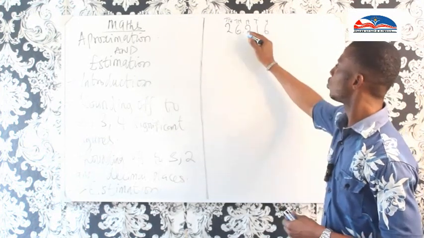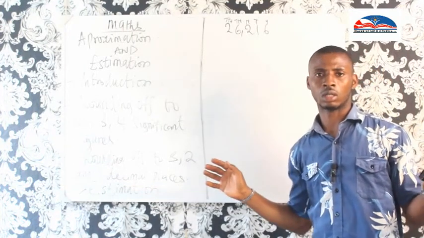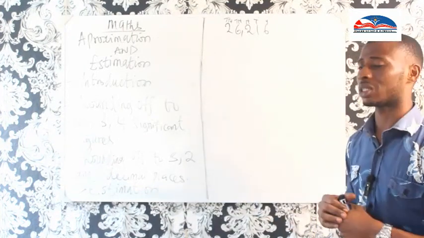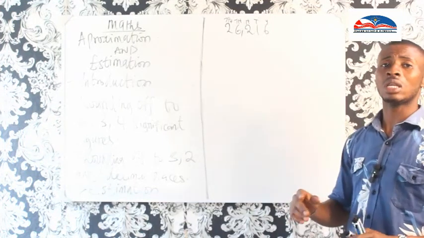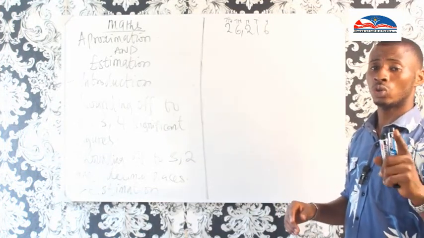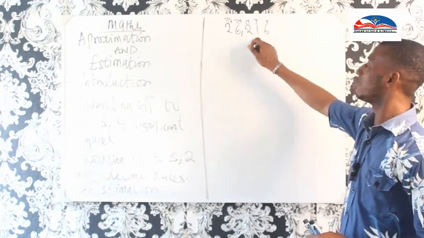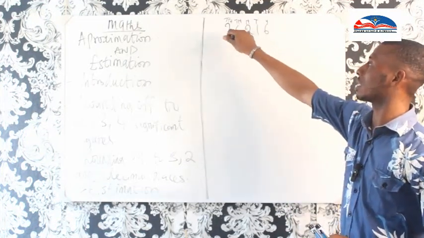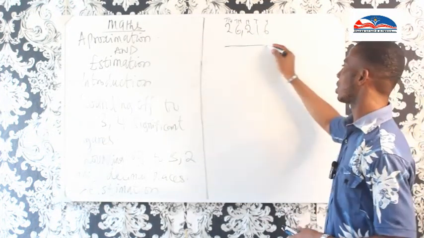Now we have 26,216. That's the number here. If I want to approximate it, we can approximate it to the nearest ten, to the nearest hundred, to the nearest thousand, or to the nearest ten thousand. Okay, let's approximate it to the nearest ten.